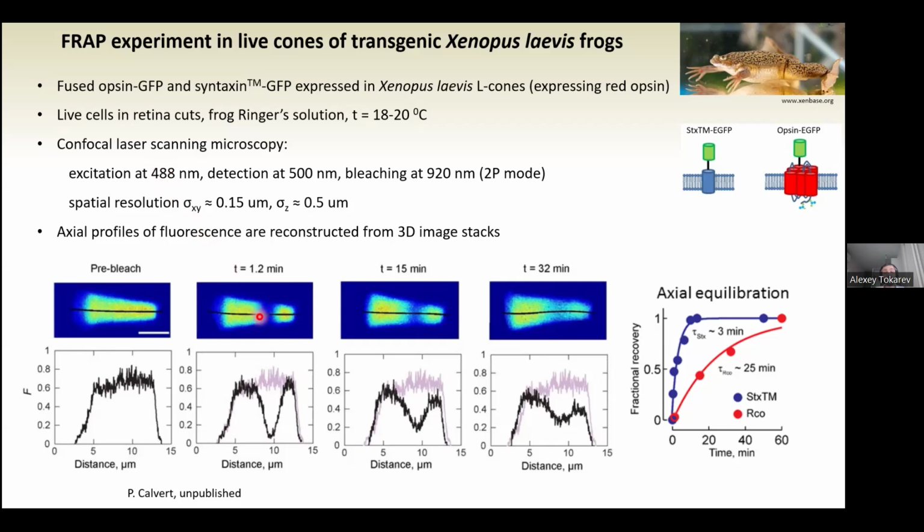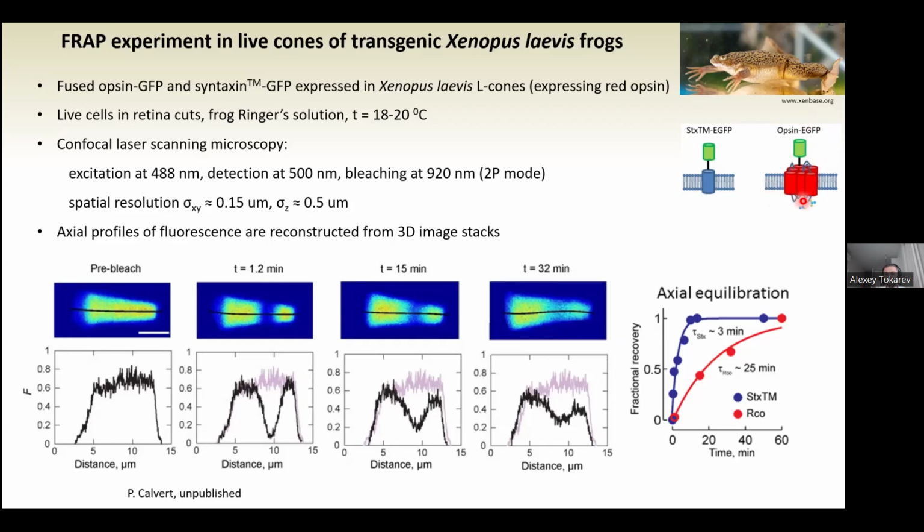When we bleach, we split rhodopsin-GFP molecules into two types: bleached, where GFP does not function, and non-bleached.